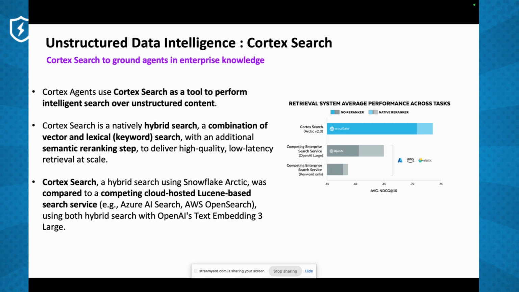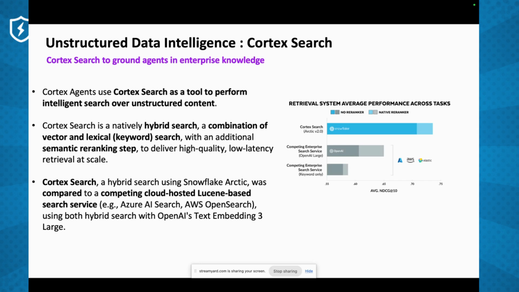Why am I talking about more details on Cortex Search? Because if you see on the right side, Snowflake compared it with some models, like using OpenAI, and cloud hosted search service Azure AI Search.